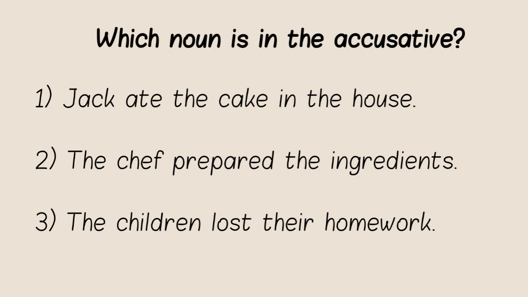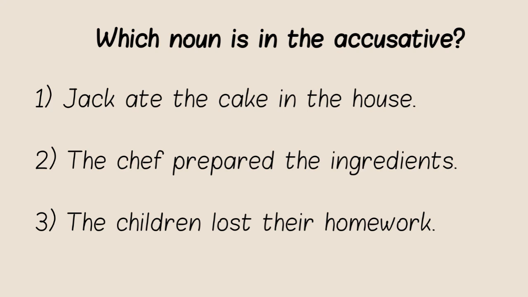And in number 3, it's the homework, because the homework is being lost, it's having that action done to it. So the 3 accusatives would be the house, the ingredients, and their homework. So well done if you got those right, if not, no worries.